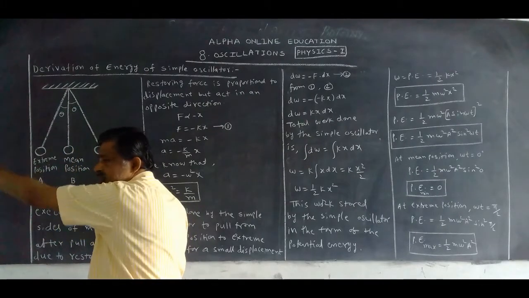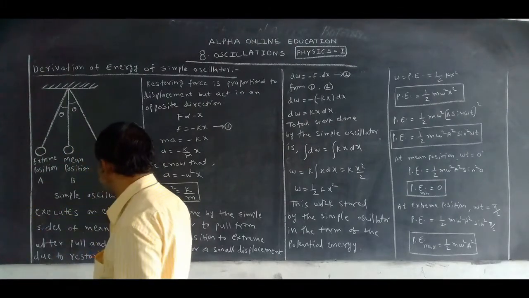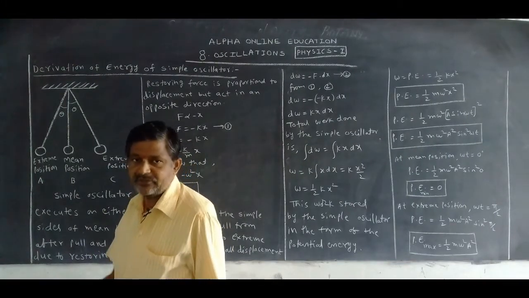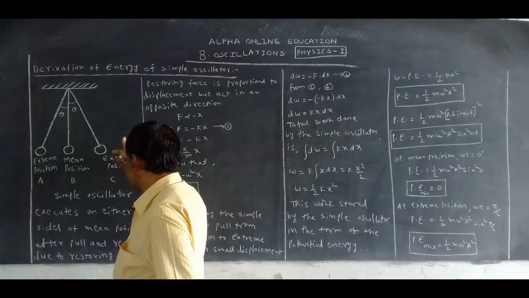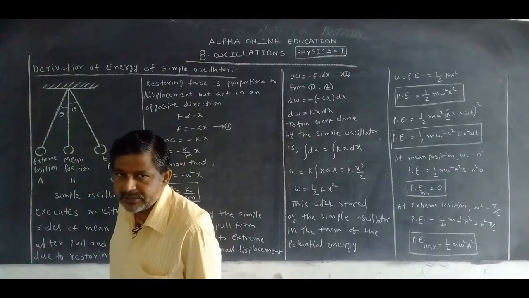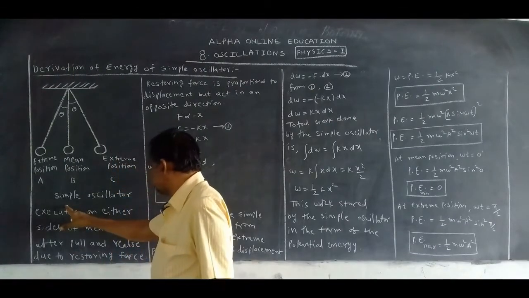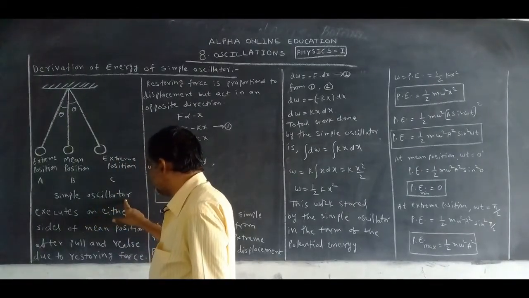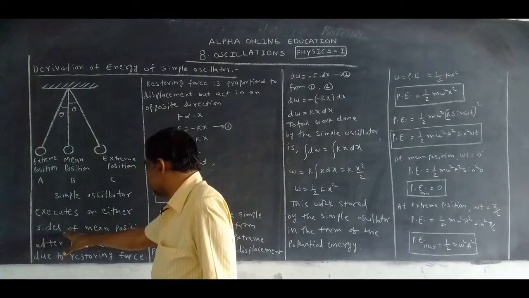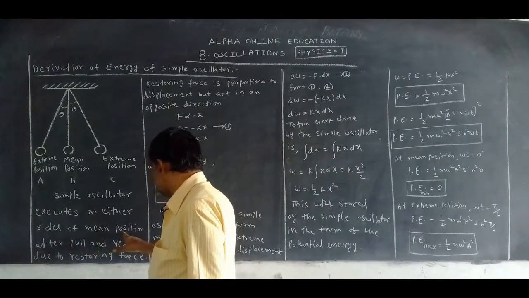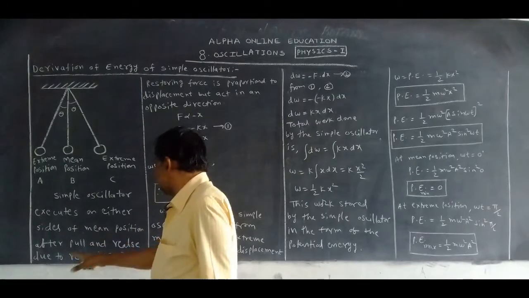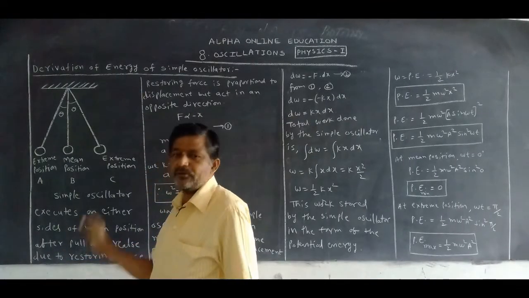It moves on either side of the mean position due to the restoring force. After release, why does it move on either side of the mean position? Due to the restoring force.